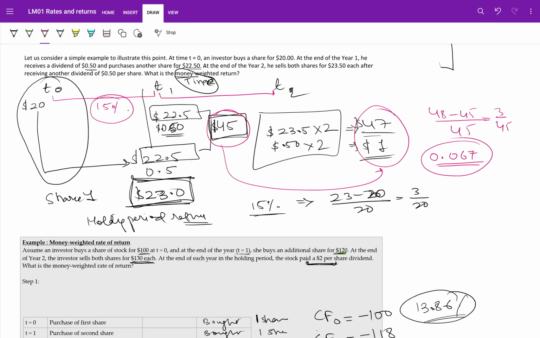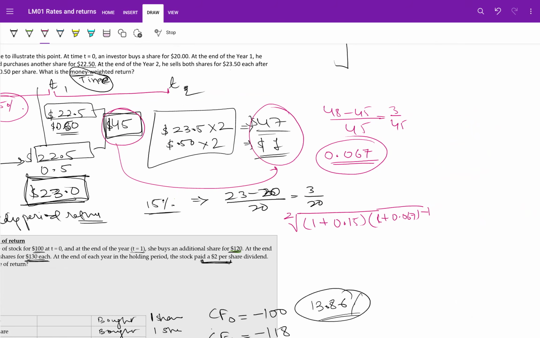For the time weighted rate of return, we are going to use the geometric mean now. 1 plus 0.15 multiplied by 1 plus 0.067, under the square root, minus 1.